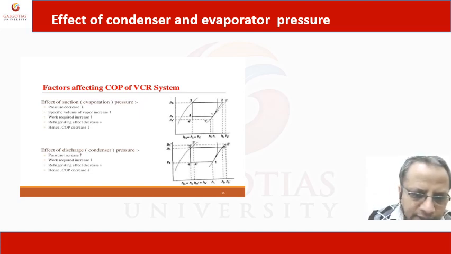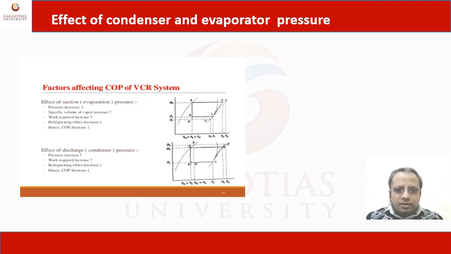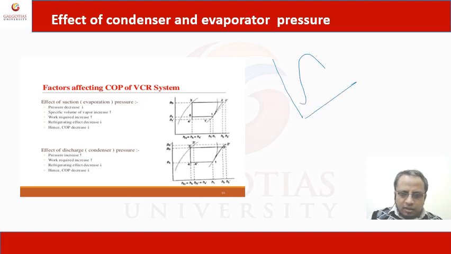So here we can see the condenser pressure and evaporation pressure. First, if we increase the condenser pressure on a very simple TS plot, this is the initial pressure, and if we increase it like this, superheating also increases.